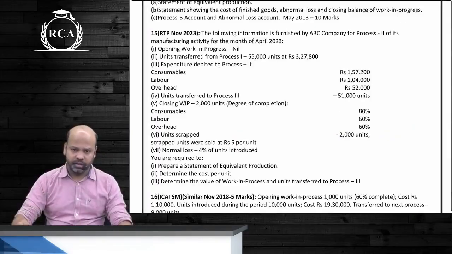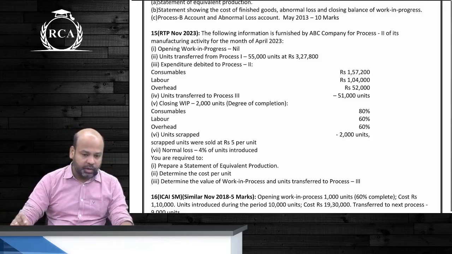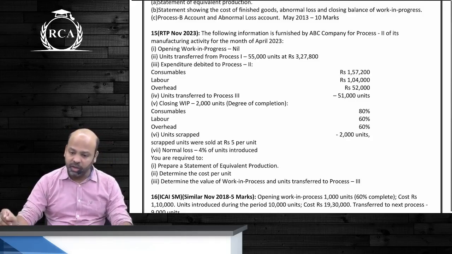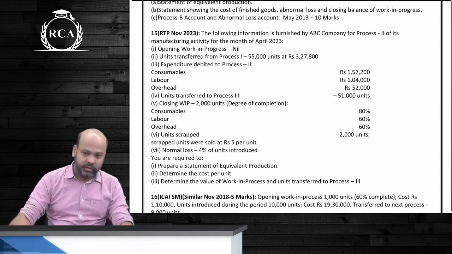Question, guys. Whenever we receive any input from the previous process and you are adding additional materials in the current process, and the degree of completion for those materials is not 100%, it only applies to materials that are being added in the current process.